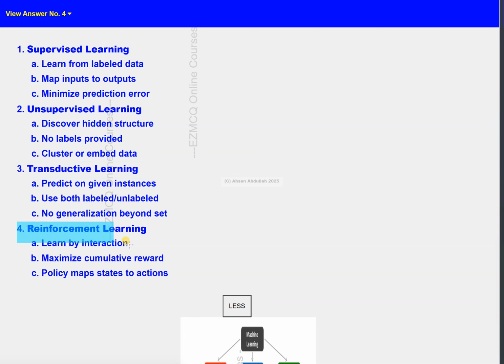So, reinforcement learning involves an agent who learns by interacting with the environment, receiving rewards or penalties. What is the objective? To maximize the cumulative reward over time.